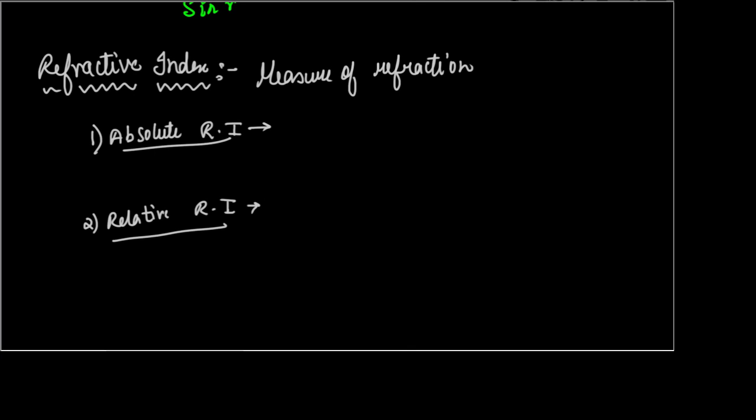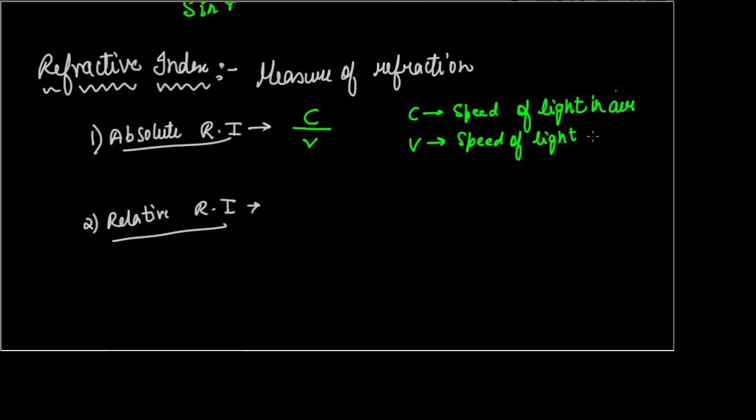Absolute refractive index is defined as the ratio between the speed of light in air to the speed of light in a given medium. Here c defines the speed of light in air, and v defines the speed of light in a given medium.